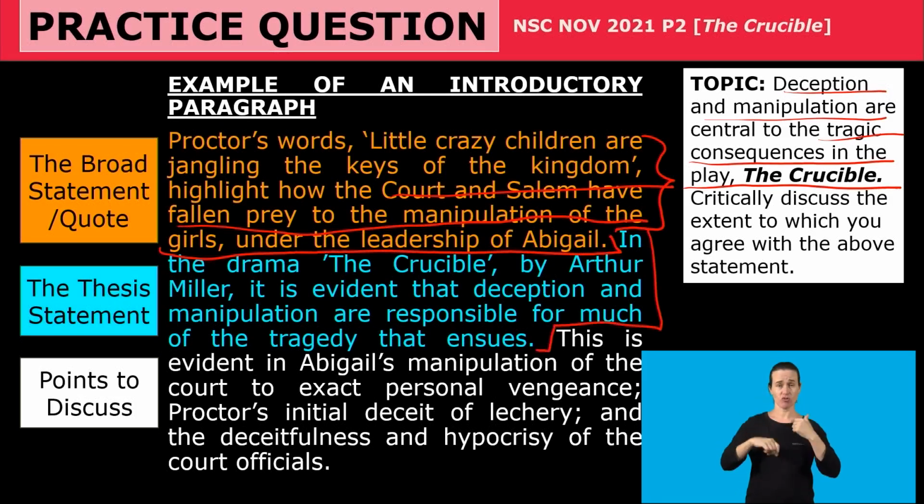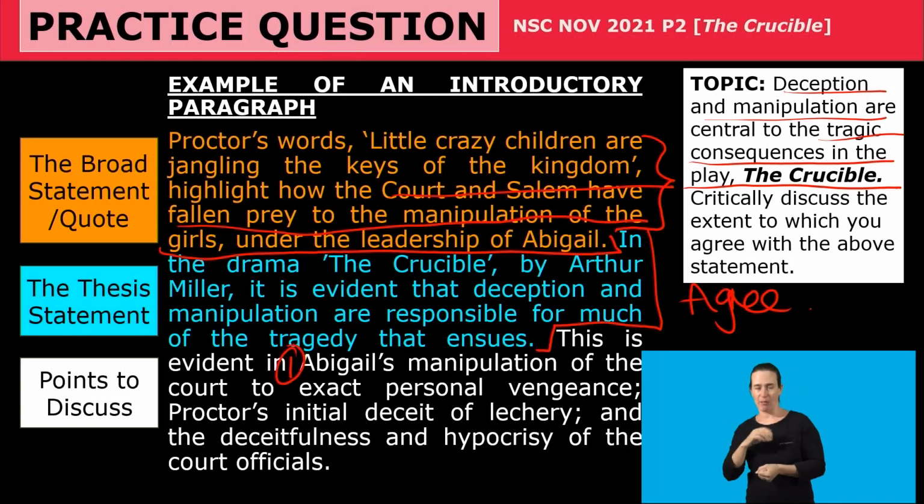In the drama, The Crucible by Arthur Miller, it is evident that deception and manipulation are responsible for much of the tragedy that ensues. And so once again, we are going to agree with this statement. This is evident in Abigail's manipulation, our first body paragraph, of the court to exact personal vengeance.